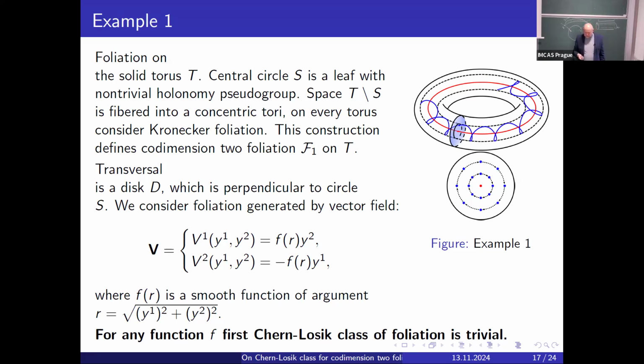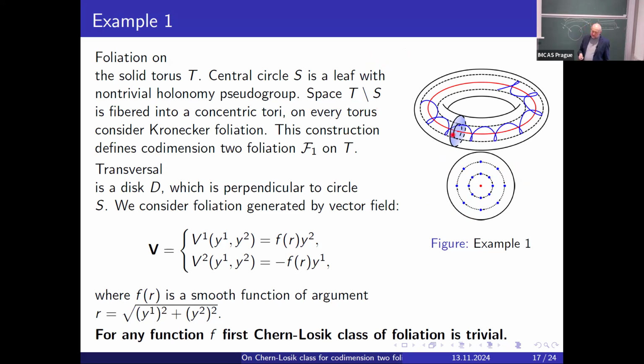And f also gives some additional dependence of radius. I think it's clear on this picture. So every point goes to some point on this circle, which goes through this point.